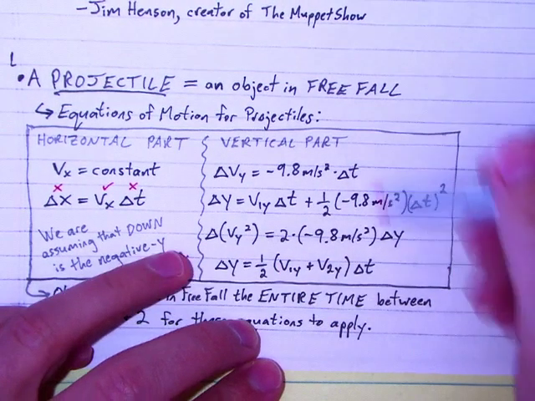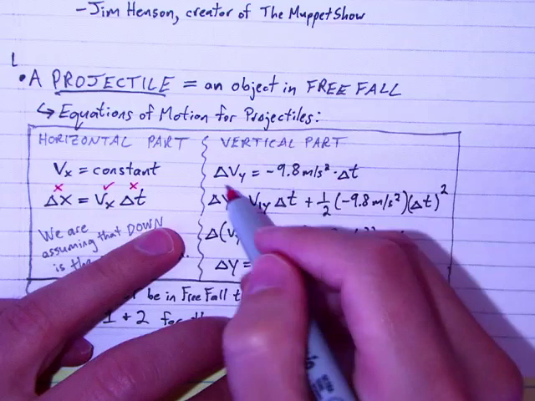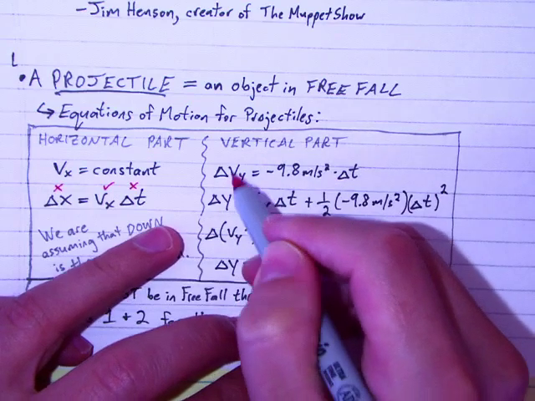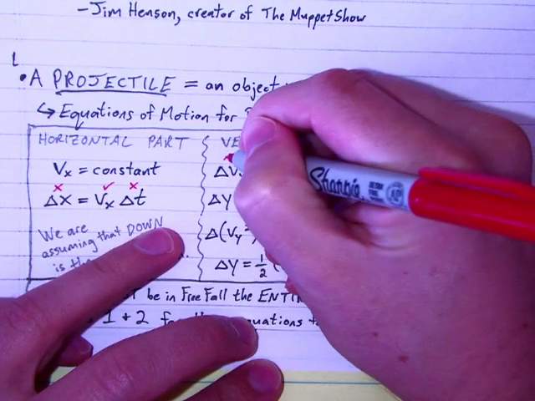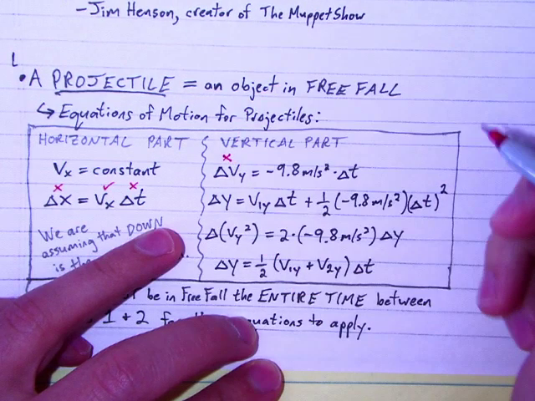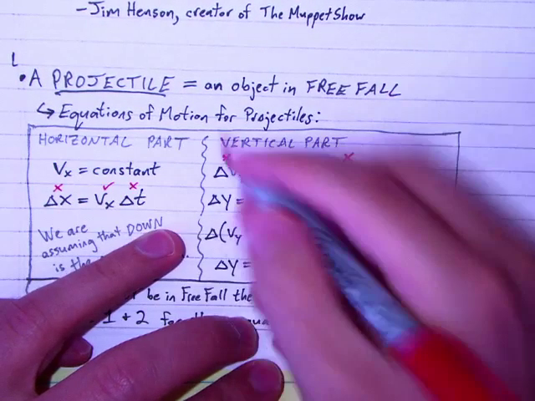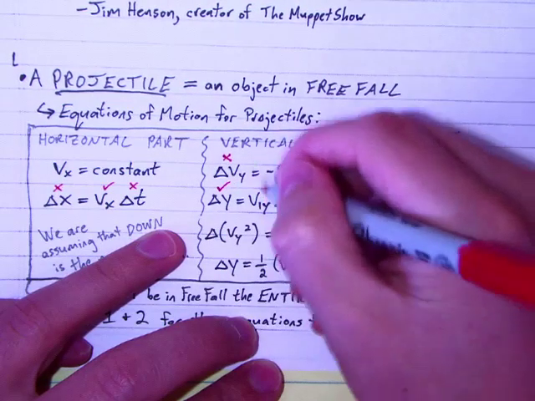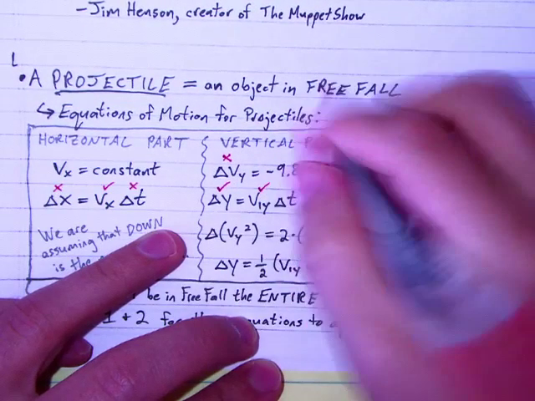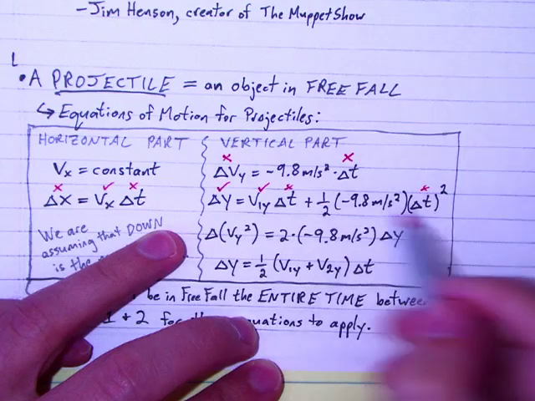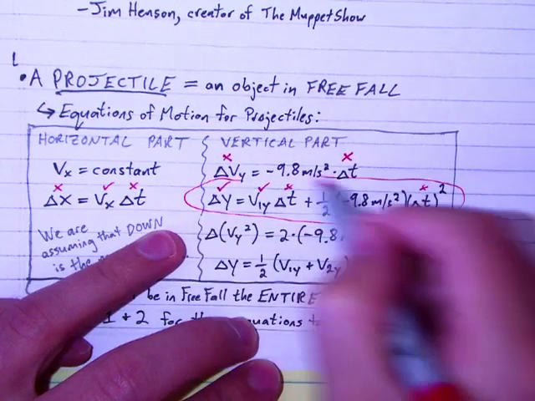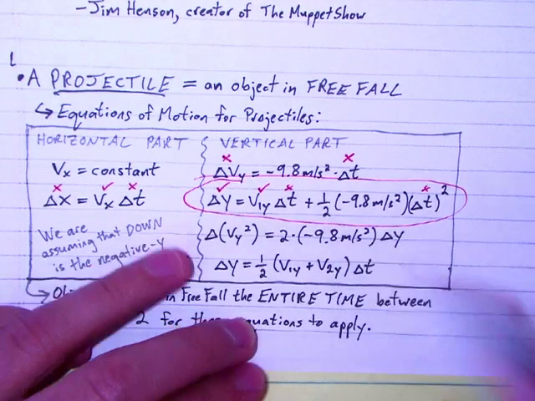So we need one of these equations with time in it. How about this one? Do we know the change in the y components of the velocity? No, because we don't know the y component of his velocity at time 3. Therefore, we can't use that equation. How about this one? Yes, we know his change in y. We know the y component of his initial velocity. Don't know the time, don't know the time. There, we can solve that one because time is our only unknown. Let's do that.